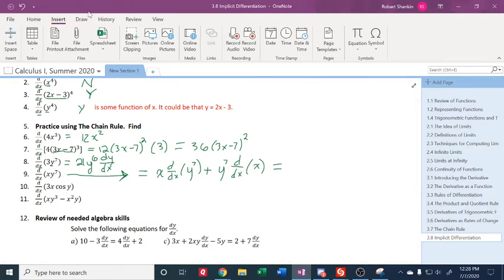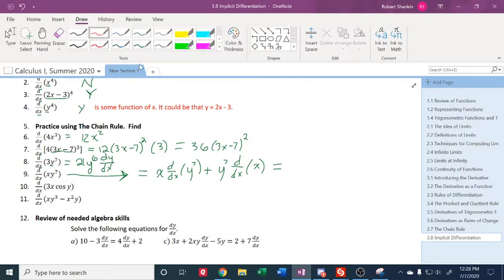And let me switch colors here. This derivative, d dx of y to the 7th. It's kind of similar to this kind of thing. Remember, with this we get a dy dx at the end. So we're going to get 7 y to the 6th times the chain rule, the derivative of the inner function.